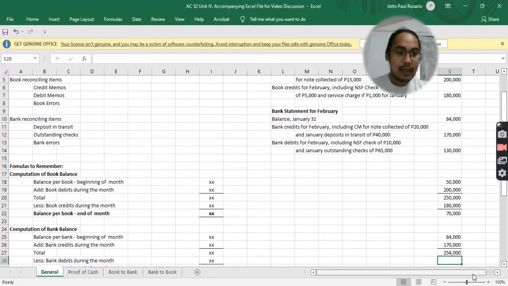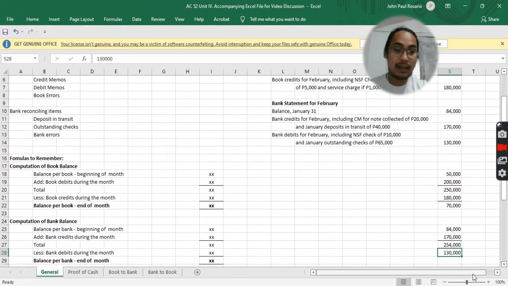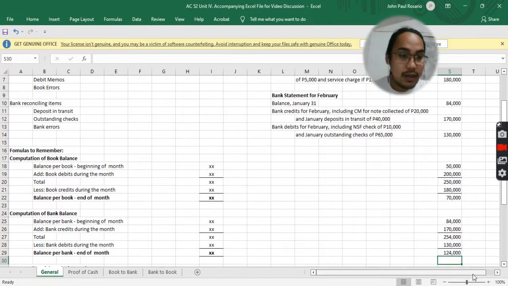And then, i-less dayon nato ang 130 nga bank debits. Bank debits in the point of view of the bank means decreases in your account. So, i-less nato siya. So, this one, minus this one. So, you have 124,000 as your ending cash balance per bank statement. And 70,000 is your ending cash balance per book.